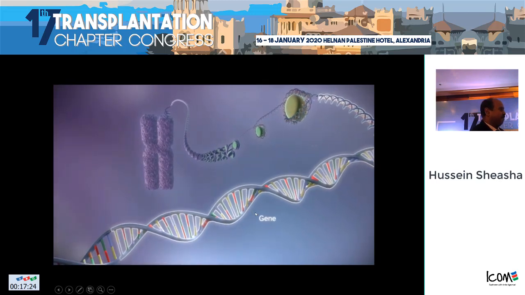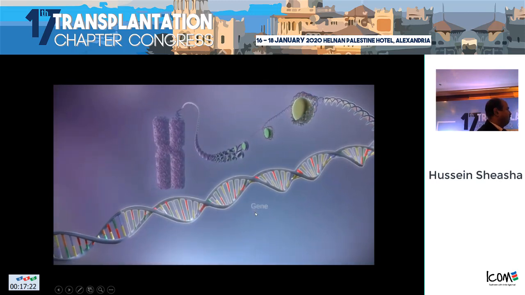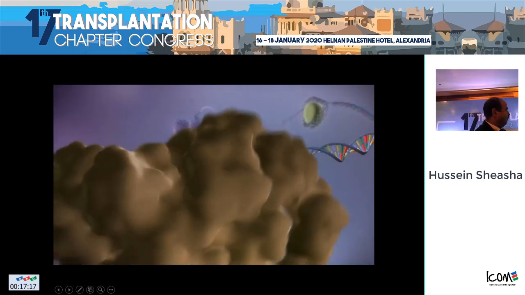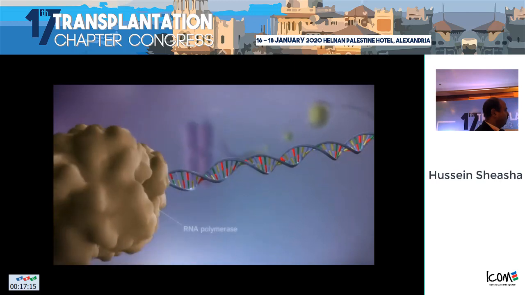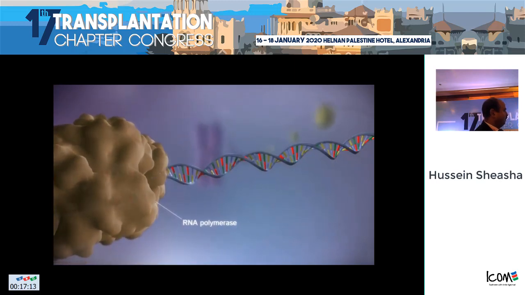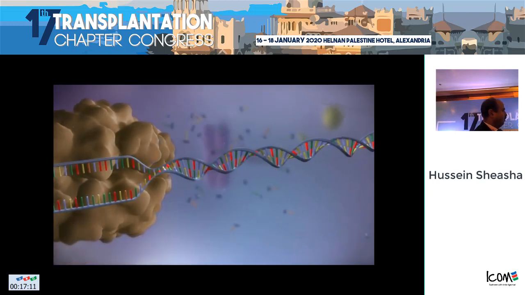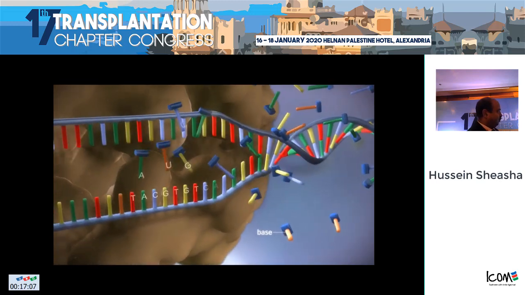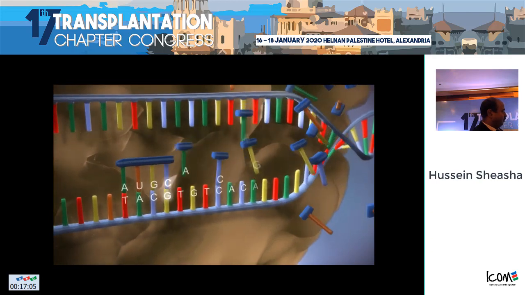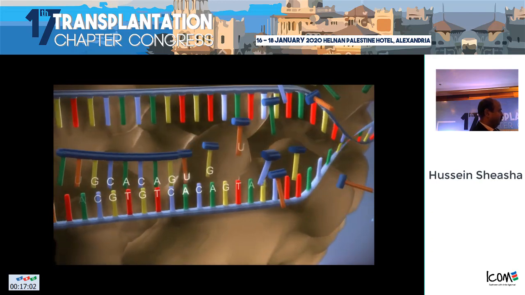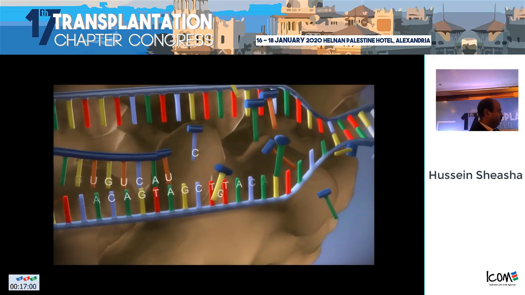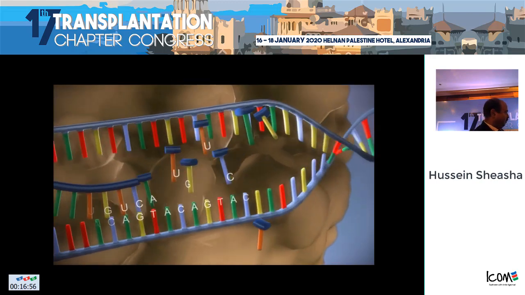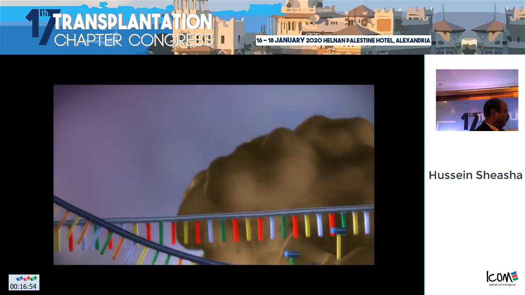These genes contain instructions for making proteins. When the gene is switched on, an enzyme called RNA polymerase attaches to the cells of the genes. It moves along the DNA, making a targeted messenger RNA after three bases in the nucleus. The DNA code determines the order in which the three bases attaches to the messenger RNA. This process is called transcription.